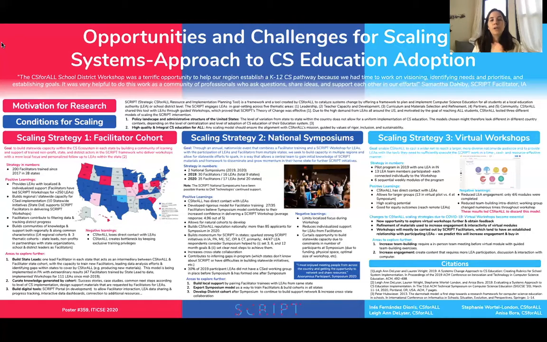However, what we learned in the virtual workshops, the way that we did them in 2019, was that even though it had great scaling potential and it was good for equity outcomes because it allowed us to reach very remote LEAs, it wasn't good for creating engagement at a district level.